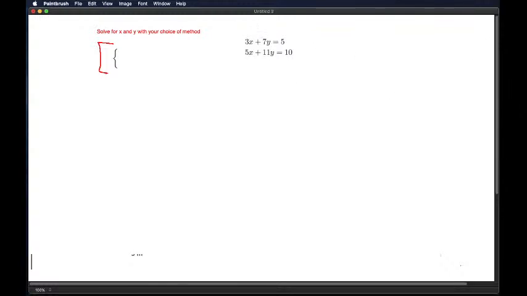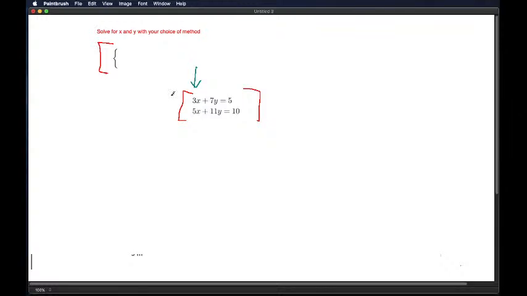All right. Neither the x's match nor the y's match, which is a little bit annoying, nor are they opposite signs. So I have to do some work here. I surround these, and then I have to figure out which one I would like to match. I would personally rather match the x column.